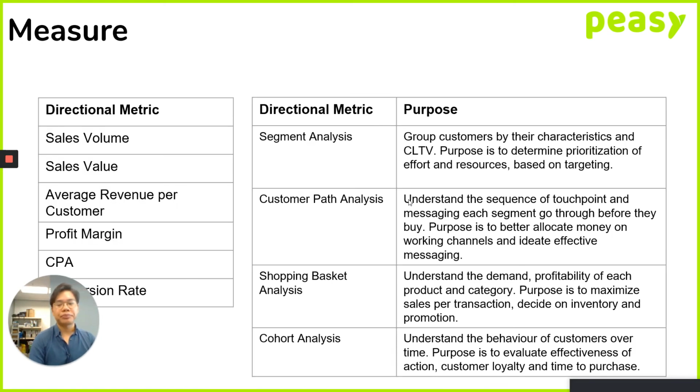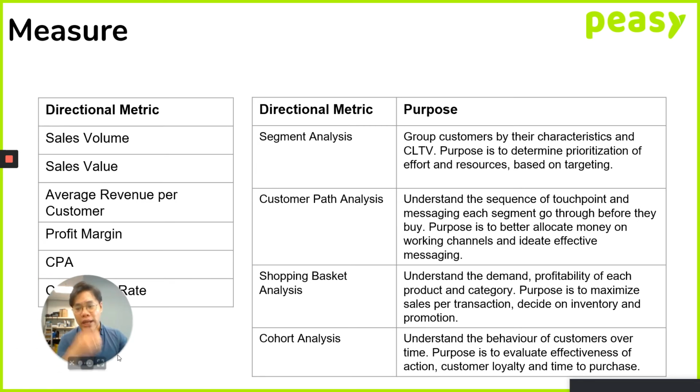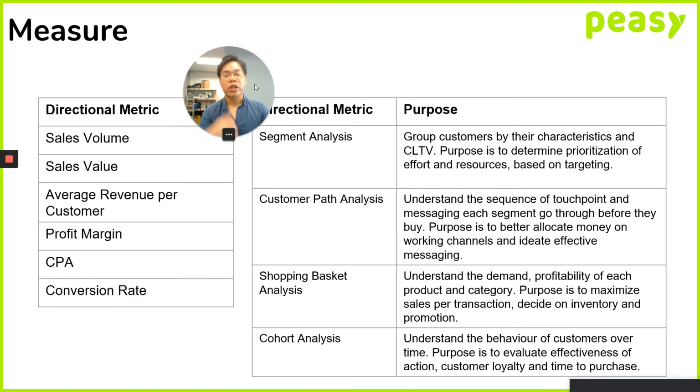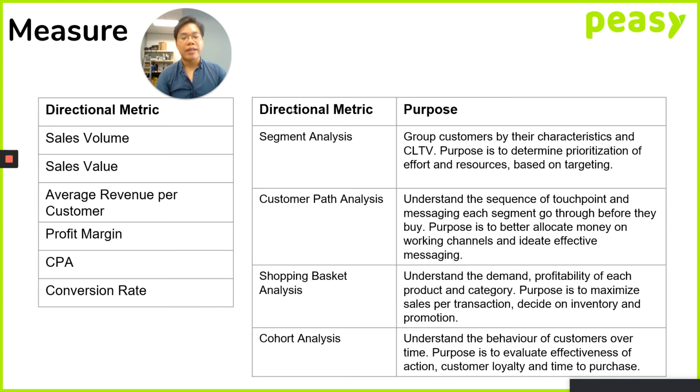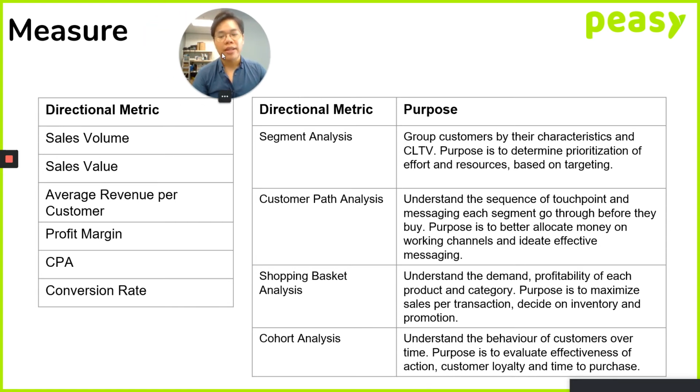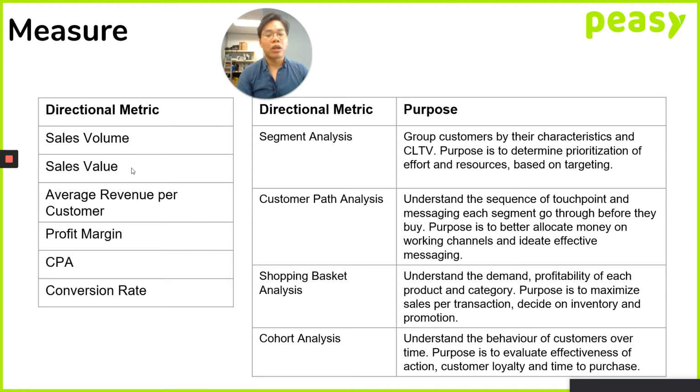Does that make sense? I'll give you a more realistic example of directional versus insight metric. Directional metrics are things like your sales volume, your sales value. Okay, this month we make 1 million sales and the sales is worth 5 million ringgit. Okay, average revenue per customer. Every customer on average buys $200 from us each month.